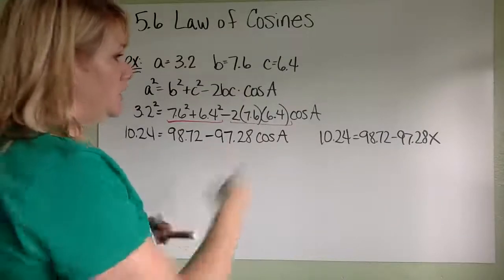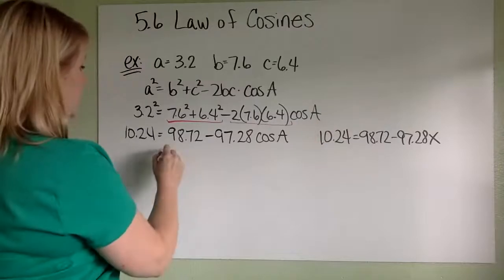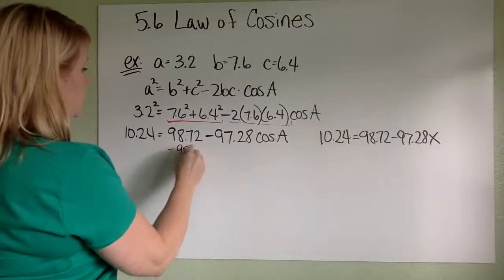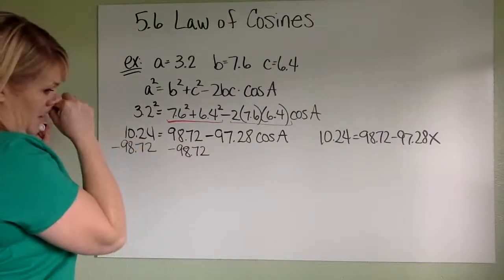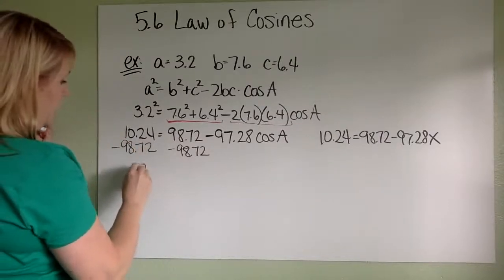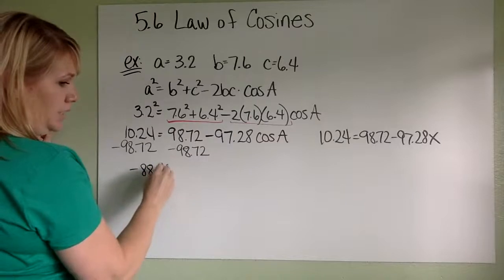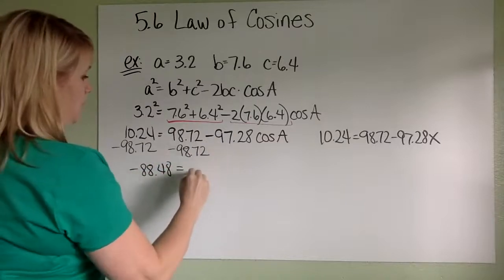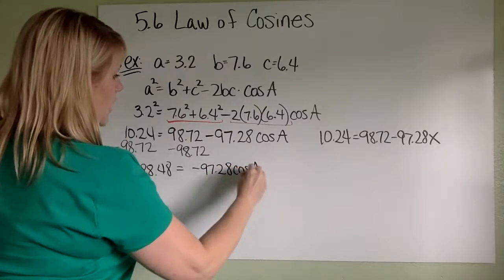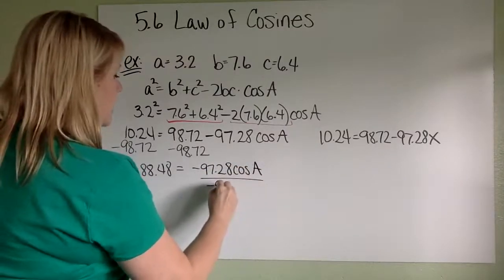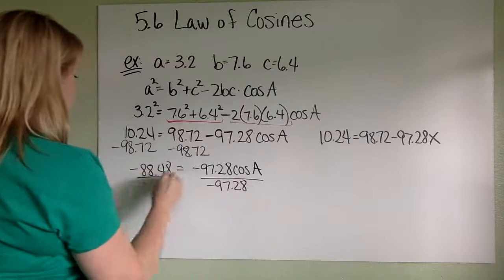So the same as I would over there, I'm going to subtract the 98.72 from both sides. And so on the left-hand side here, I got negative 88.48 equals negative 97.28 times the cosine of angle A. And then I can divide the 97.28 from both sides.